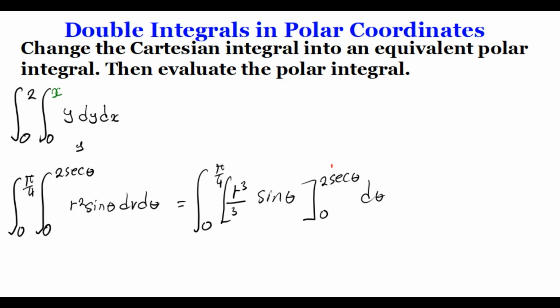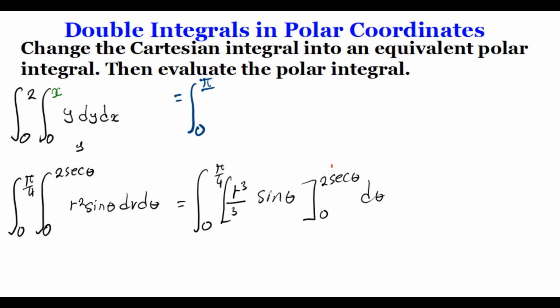Let's see what we are going to get. So this is going to be equal to, from 0 to pi over 4, when you plug in 0 where there is r, everything is going to be 0, so you don't really have to worry about the lower limit. 2 to the power 3 is actually 8.